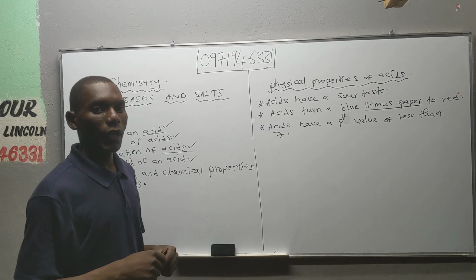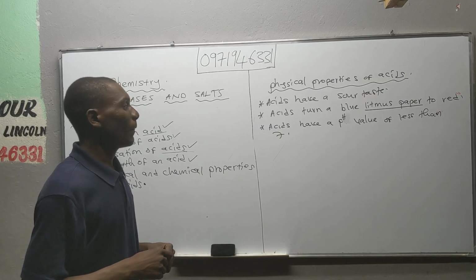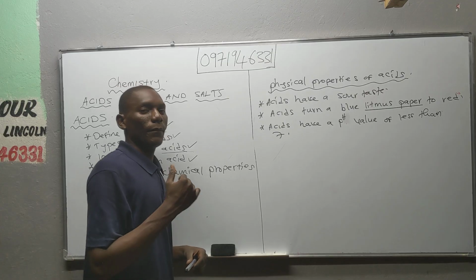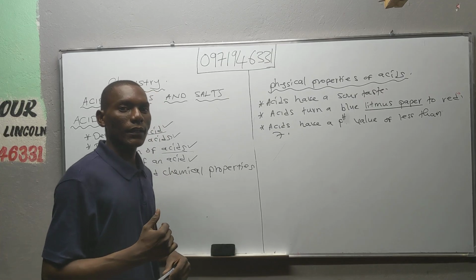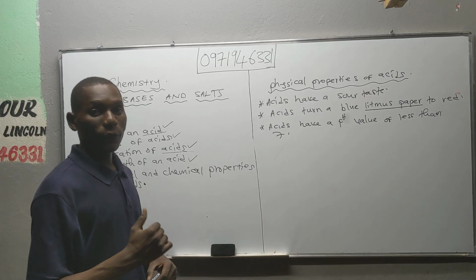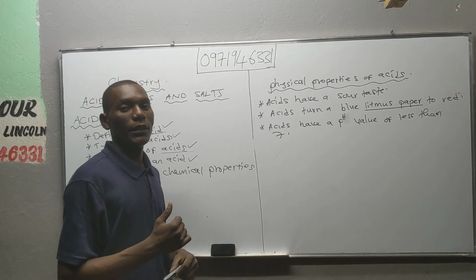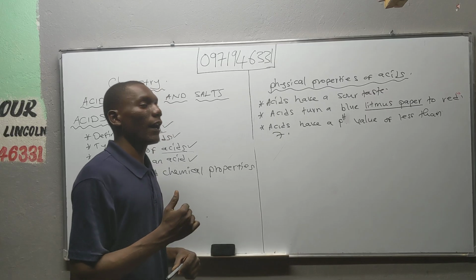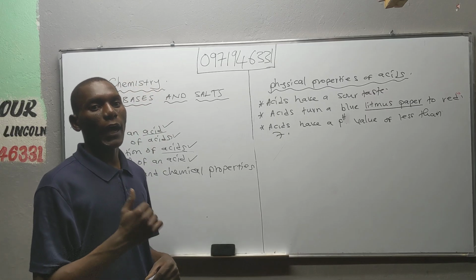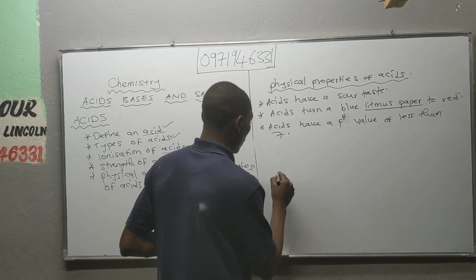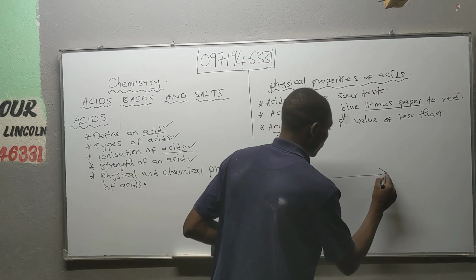So if you use a pH scale and you want to know the pH of a certain substance, if its pH is less than 7, then it means that substance has properties of acids. If we were to draw a pH scale, it looks like this.